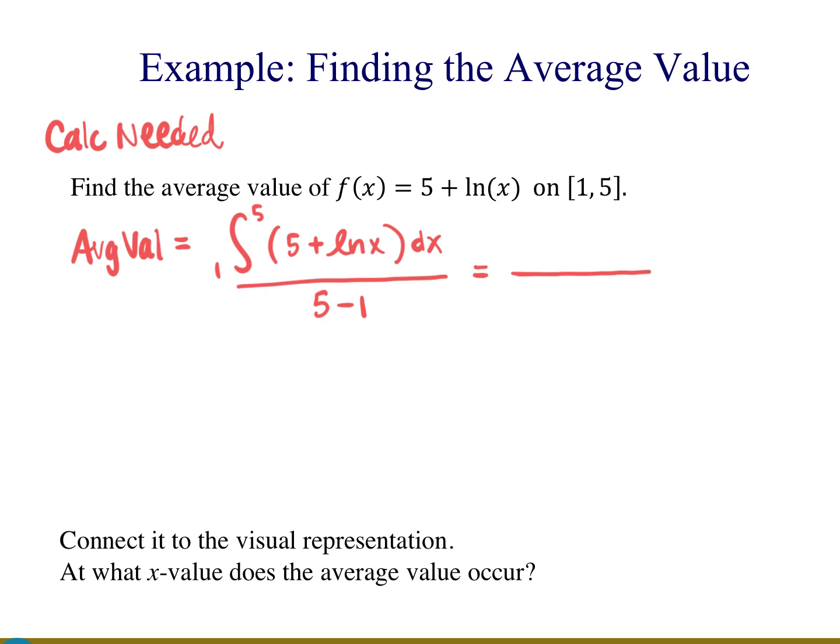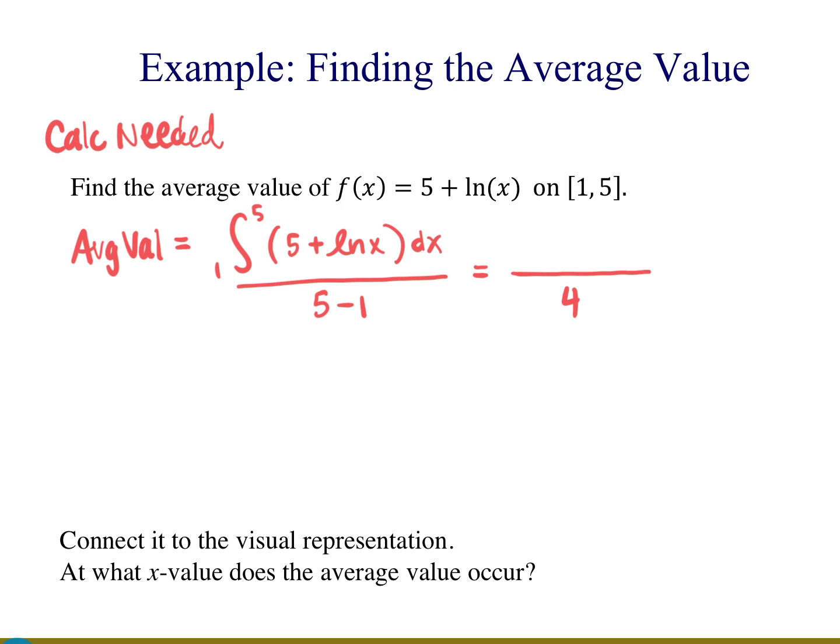So go ahead and then just somebody tell me what you have. And I know the denominator is going to be 4. Negative 24.047. Okay, so that just doesn't seem right to me, because I'm picturing in my mind what a natural log looks like, and a natural log is all above the x-axis from 1 to 5.